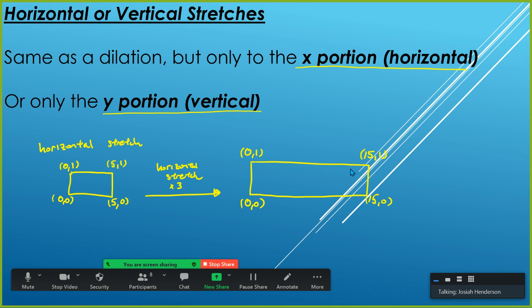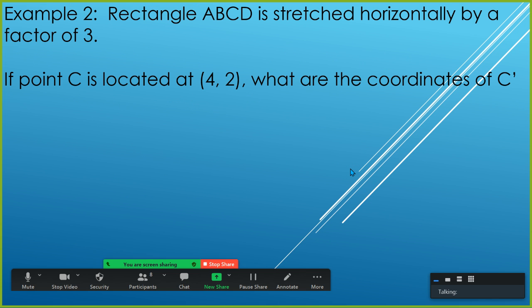Let's try an example of this. Rectangle ABCD is stretched horizontally by a factor of 3. If the point C is located at 4, 2, what are the coordinates of the new C, C prime?